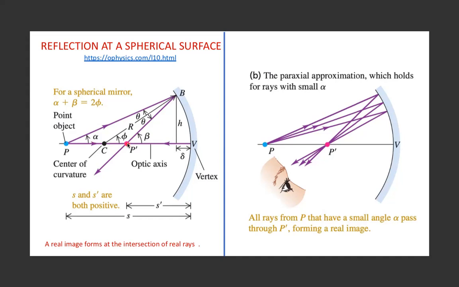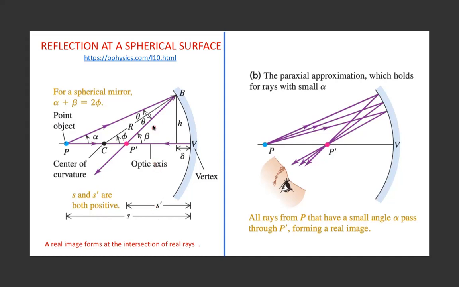So that's why we know that there is an image point at this particular point P prime. The rule of thumb is you can draw two lines that actually intersect after originating from the same source point, and they will create an image. And that's point P prime, okay?